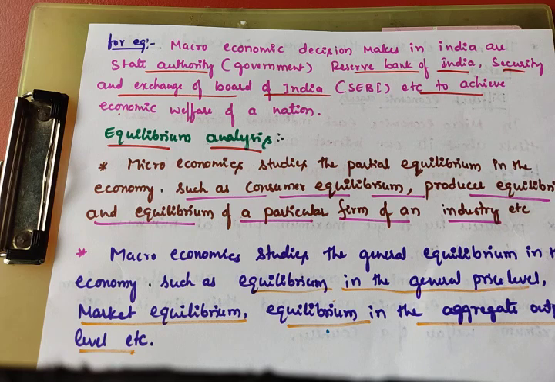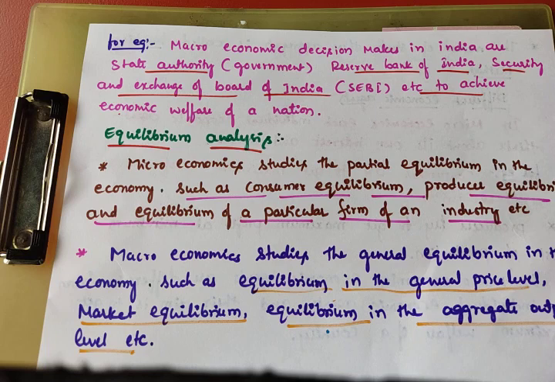Actually, there is a lot of difference between a firm and an industry. A firm is a production unit, and an industry is also a production unit. A firm is a part of an industry. An industry is a group of firms.